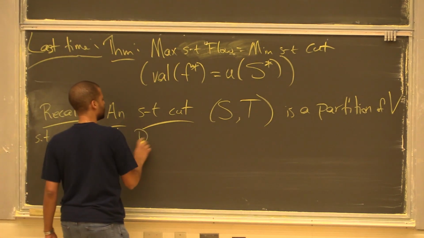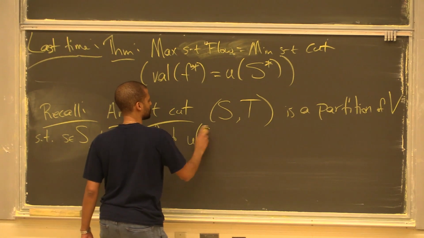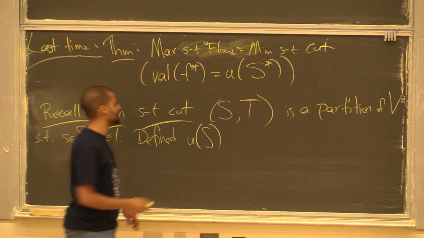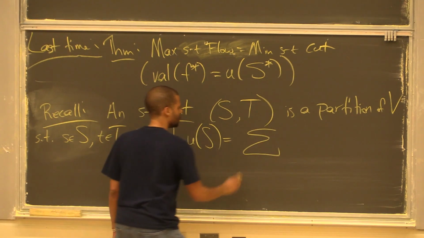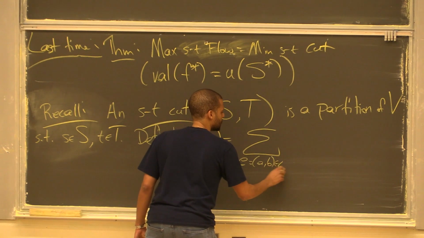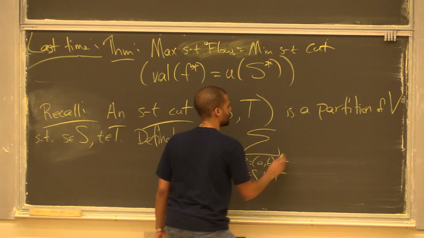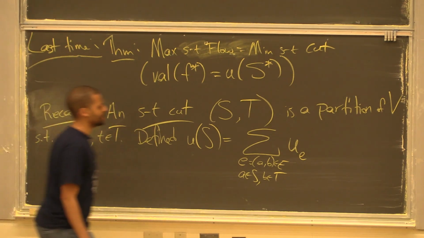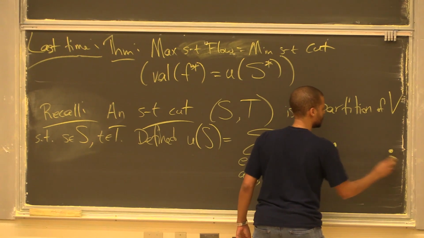And we defined the capacity of that cut as the total capacity going from the S side to the T side. So this is equal to the sum over all edges AB in the edge set, with A being in capital S and B being in capital T, of the capacity of that edge. Okay? So imagine here you have S, here you have T.